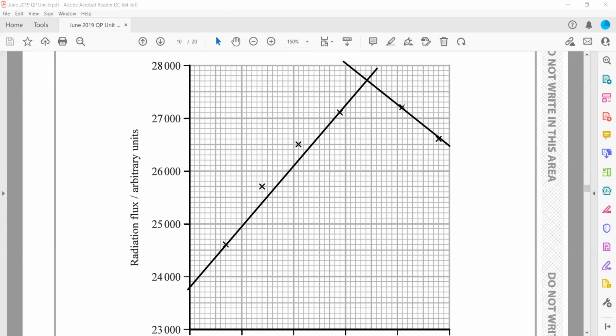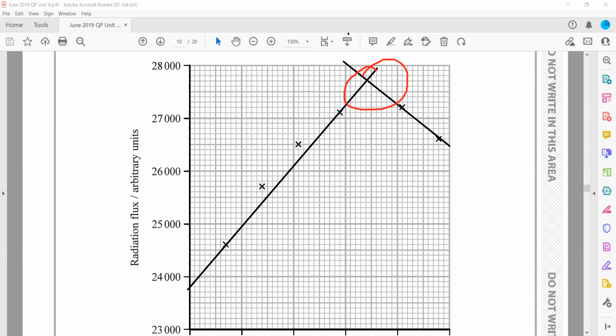Number one, you don't have too many values, too many results around the maximum. Whenever this type of case is there, when we have to intersect the two lines, we should have more results or more values in this region, but we don't. We are just predicting. That's why it is not accurate.